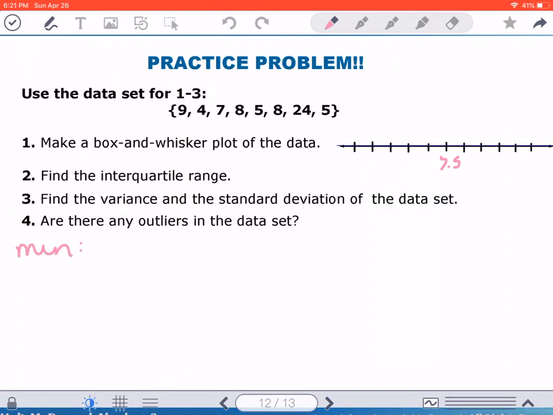Our minimum here is 4. We know that our Q1 is 5 per our data on our calculator. Our median is 7.5. And Q3 is 8.5, and our max is 24.